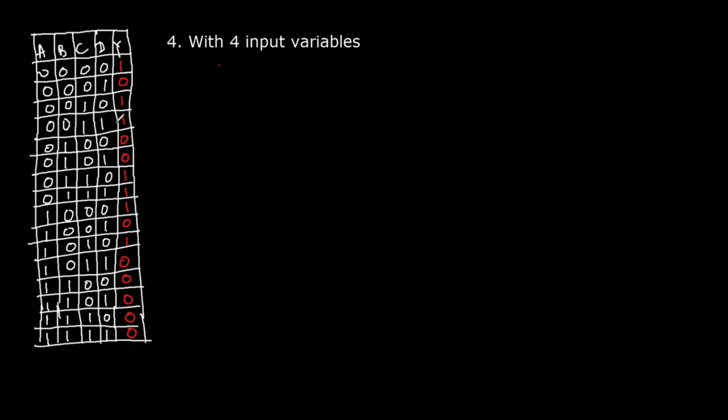And when we had 3 variables, we could either go with 2 rows and 4 columns or 4 rows and 2 columns. In this particular case, no matter which order we go to, we have 4 input variables. So we will be having 4 rows and 4 columns. So let's go ahead and develop the K-map for this case. 4 rows, 4 columns.